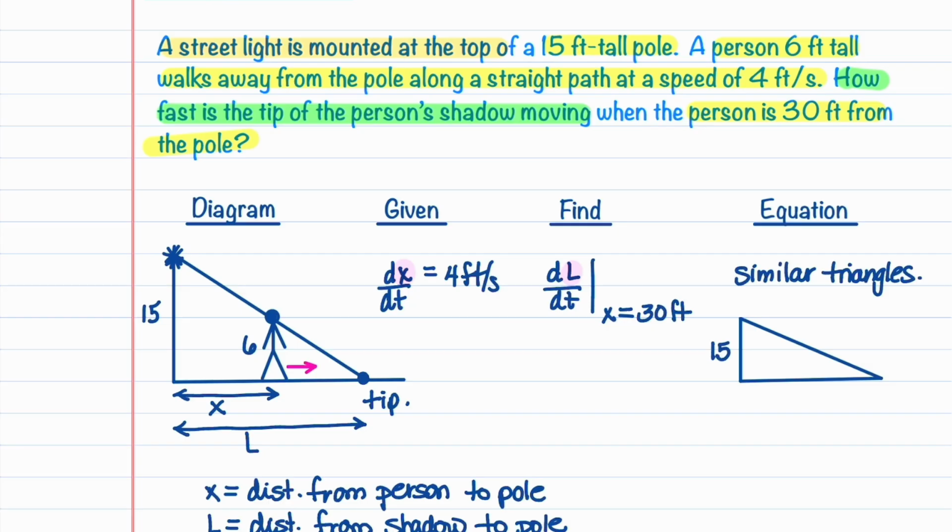We have this side is 15, and this distance is L. And now we're going to have a smaller triangle, and that's going to be the height of the person, and then this length right here. We're told that the person is 6 feet, so we can label that as 6. And then now we have to find this distance right here. So let's go back over here to our picture, and I want to highlight this distance right here. That distance is going to be L minus x.